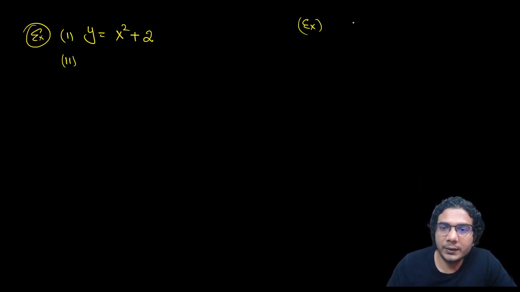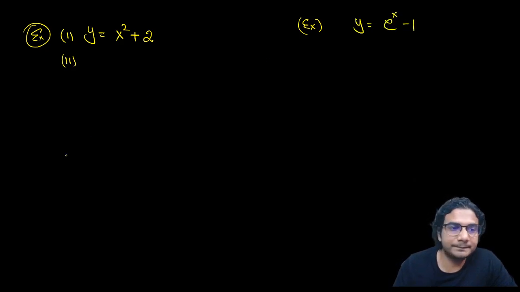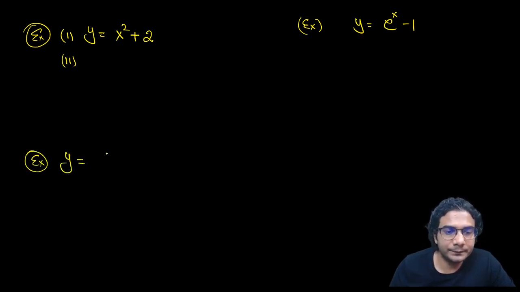Example 2, you need to plot y is equal to e raised to x minus 1. Then y is equal to fractional part of x plus 2. All right, and the last one.